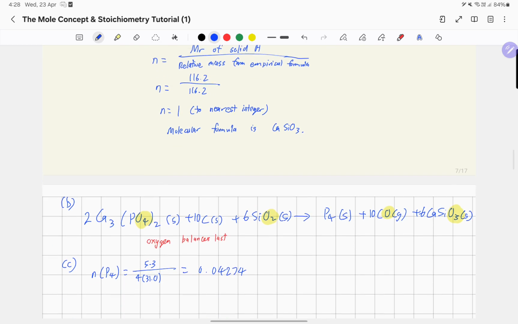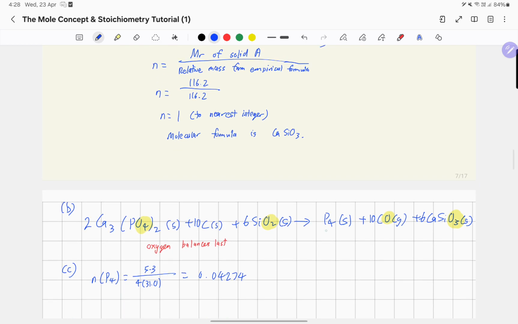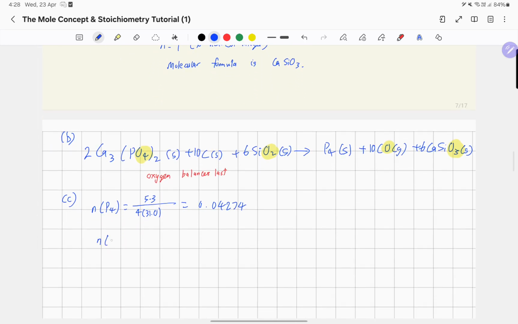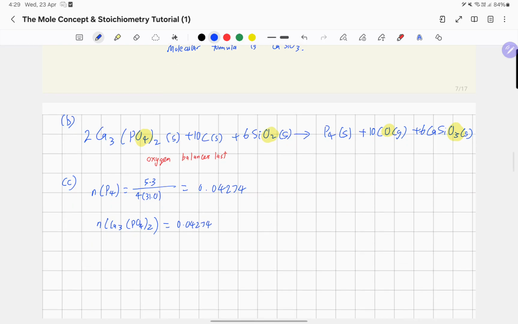And then you just need to go check. Ca3(PO4)2 to P4 is a 1:2 ratio, so multiply this by 2, 0.08548.